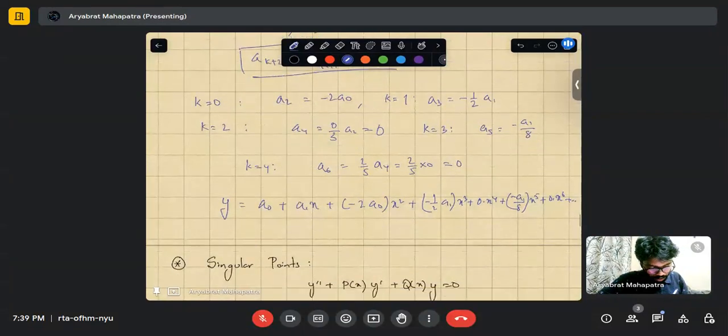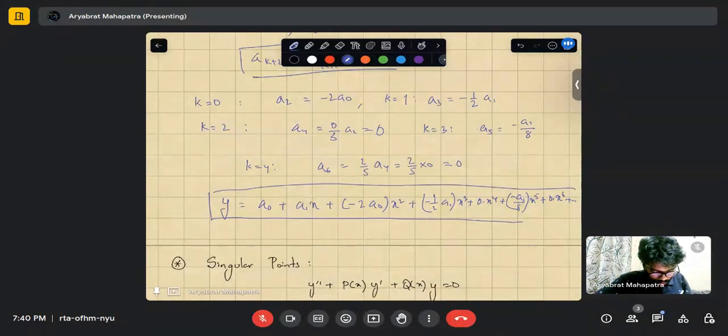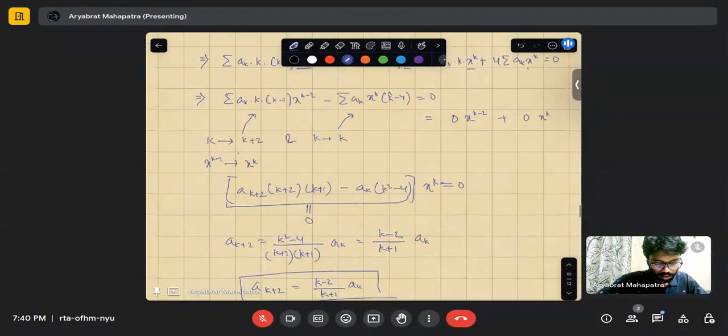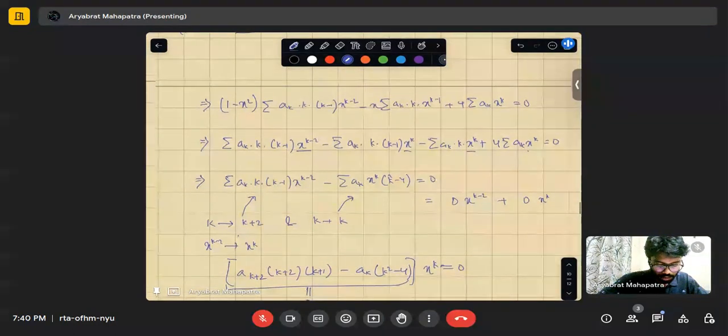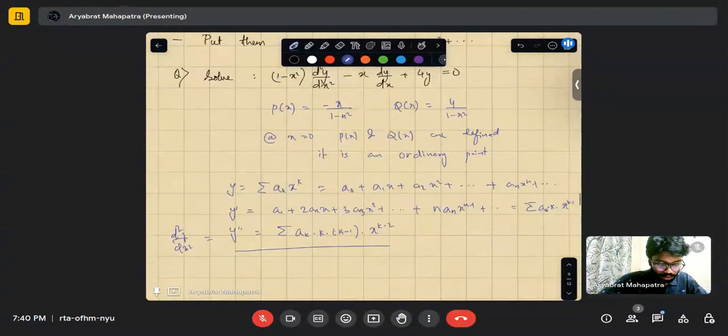This will be your final solution of y, and you see that there are still two unknown coefficients, a0 and a1, and you are getting the final answer in terms of a0 and a1. Why are a0 and a1 still unknown? Because you are solving a second order differential equation and you need two initial conditions, which are not provided in this question.